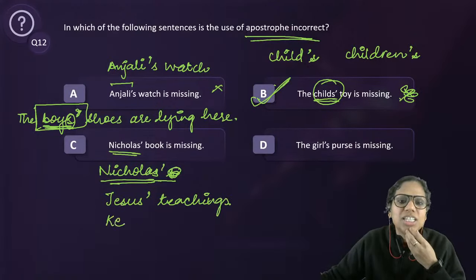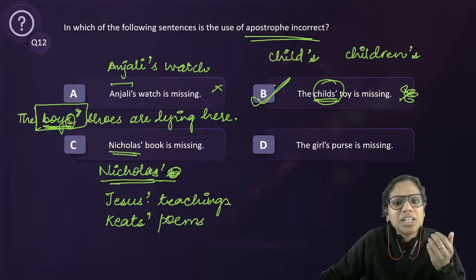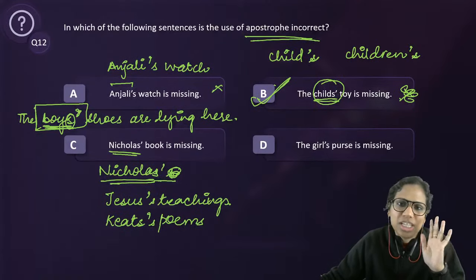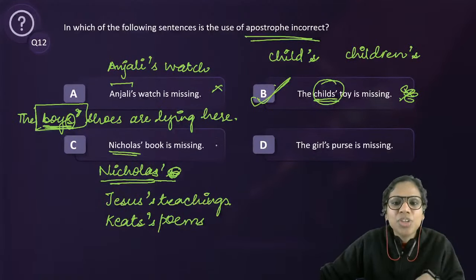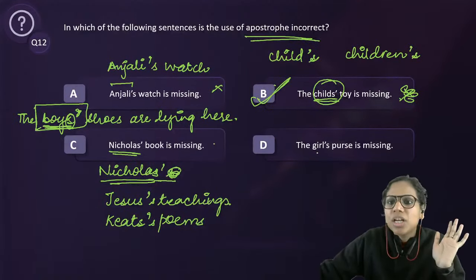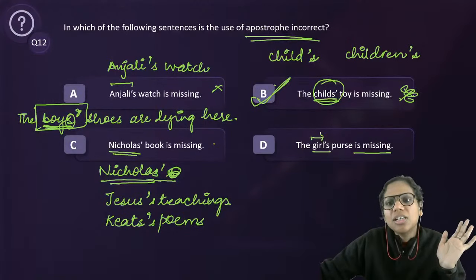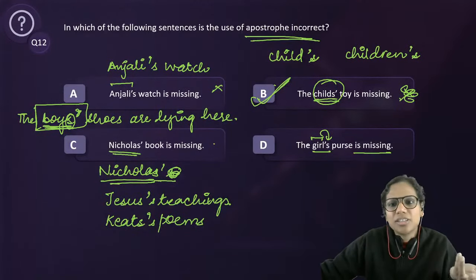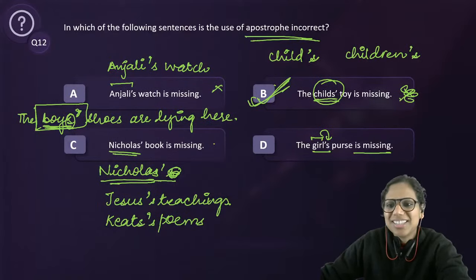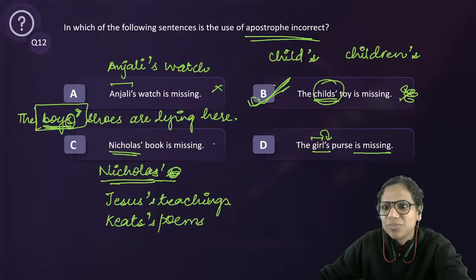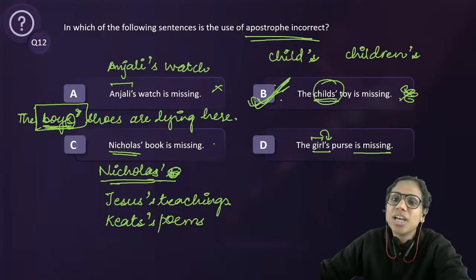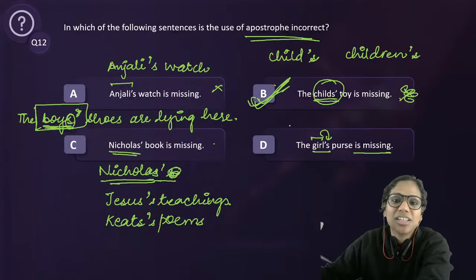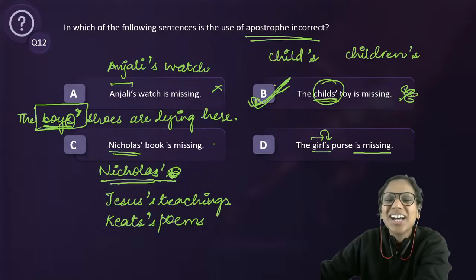Instead of saying Keats's poems, you can say Keats' poems. But you will not be wrong even if you put an S here. Just remember that. So this is fine. The girl's purse is missing. Girl, ka purse, girl apostrophe S. No error there. So B is the answer. Right? Sham, if we didn't have these rules, you would have a hard time understanding what I'm saying right now. So B is the answer here.